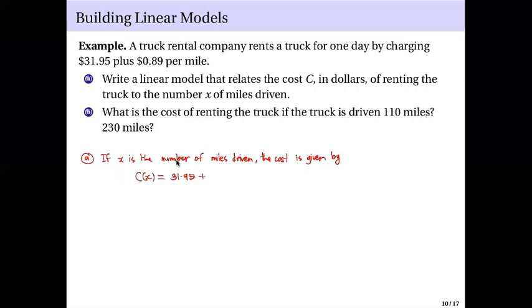So X is the number of miles, so we have plus 0.89x. And that's it. That's our letter A.